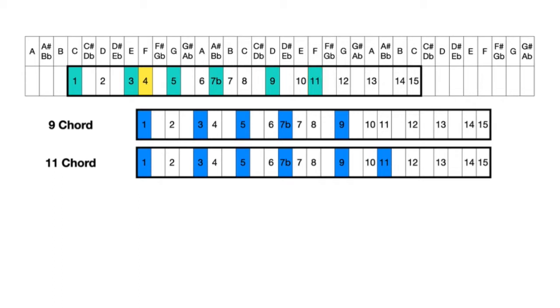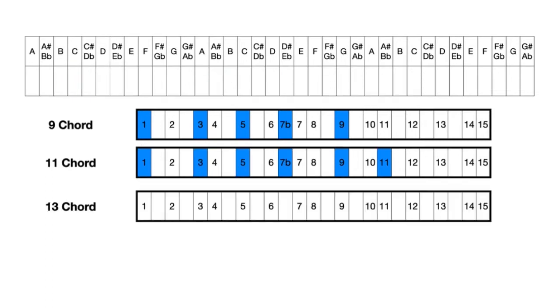And because this note is going to clash a bit with the 3rd, often the 3rd gets left out. To make it simpler again, often the 5th is also left out. So you just get the root note and then the most distinctive notes, the flat 7th, the 9th and the 11th. In this case of a C11, it's the root note, the B flat, the D and the F.